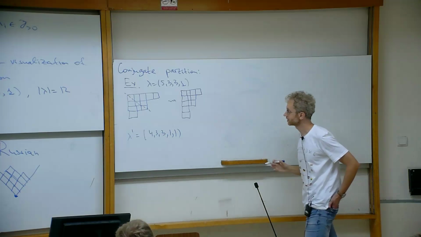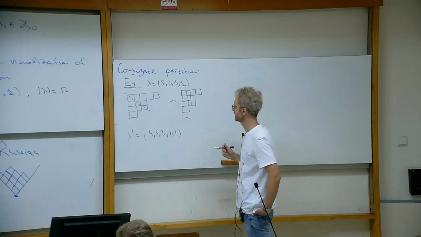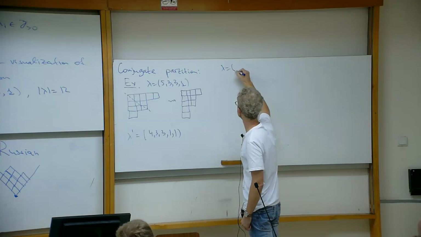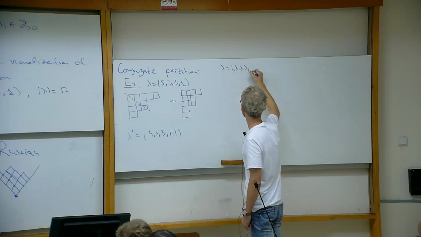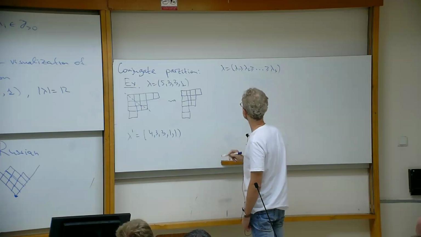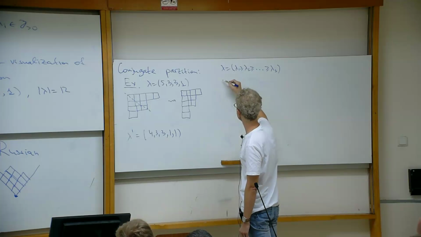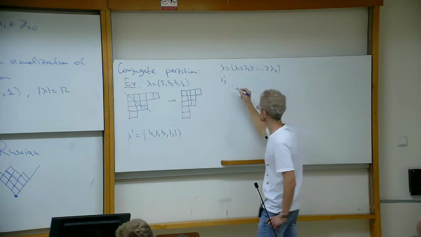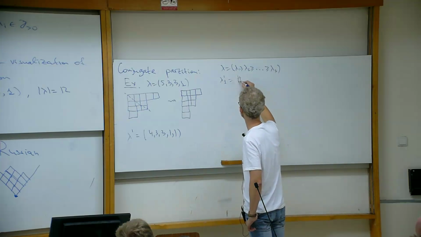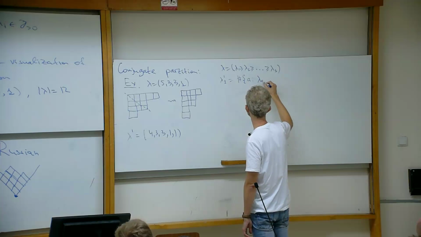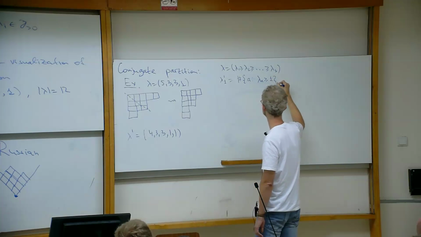Okay. And in general, what you are doing is that you are starting with your lambda being lambda 1, lambda 2 up to lambda s. And then you are looking at lambda prime 1. So this is the new partition. This is just the number of a's such that lambda a is greater or equal than 1.